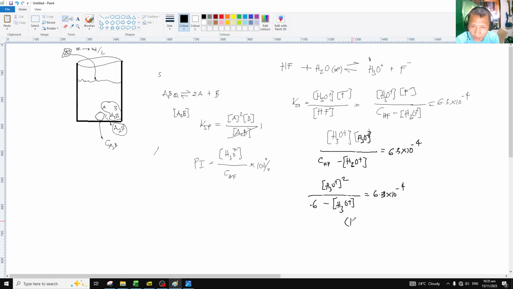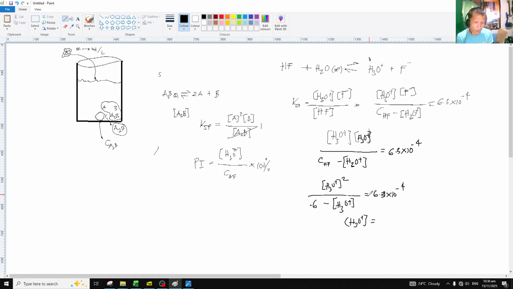So we have the H3O plus squared, which is, we get our calculator. That would be alpha x squared all over 0.6 minus alpha x, then alpha equals 6.3 exponent negative 4.